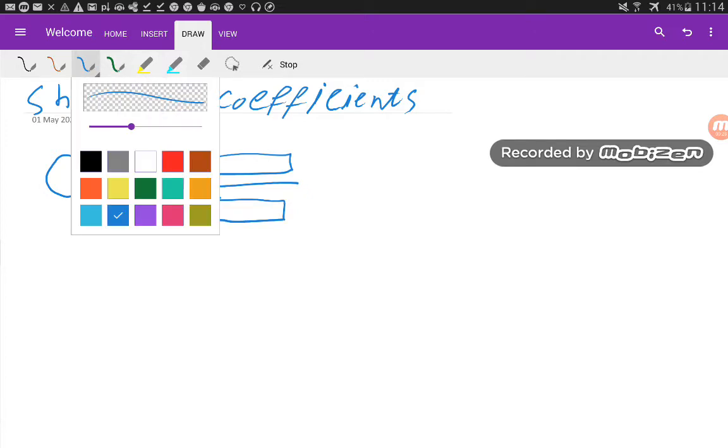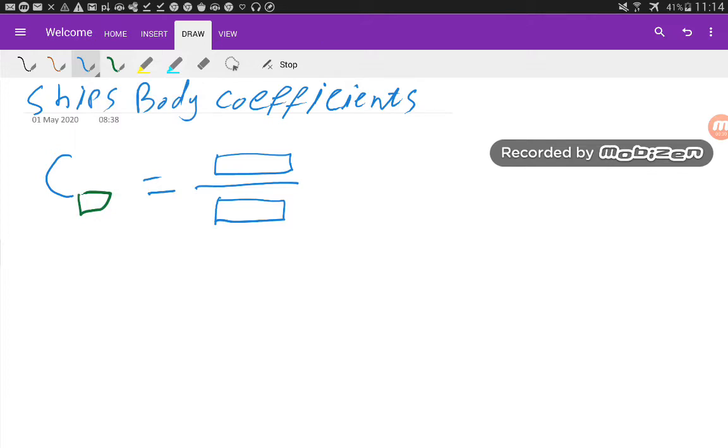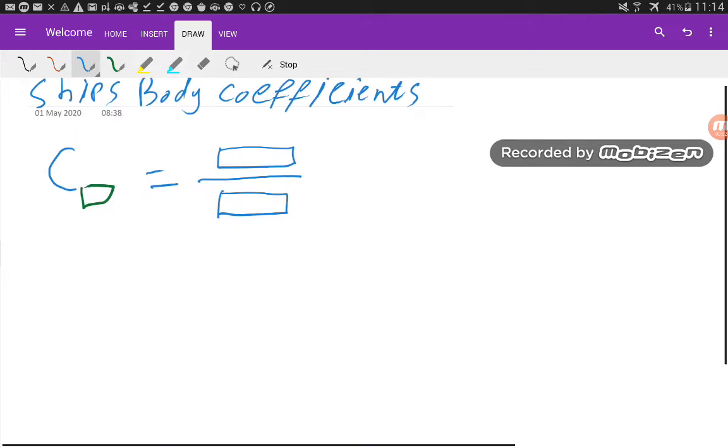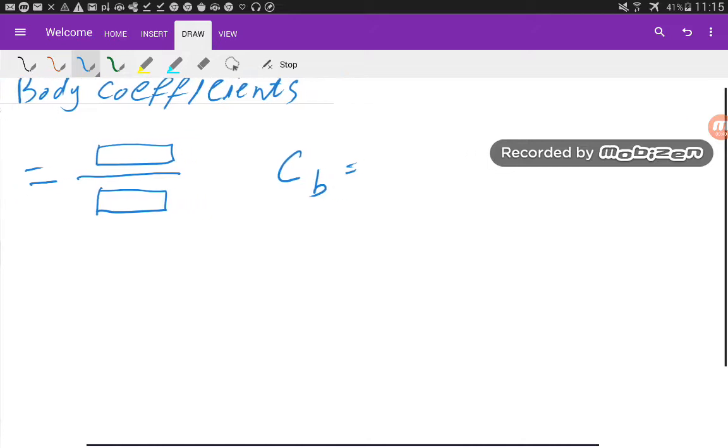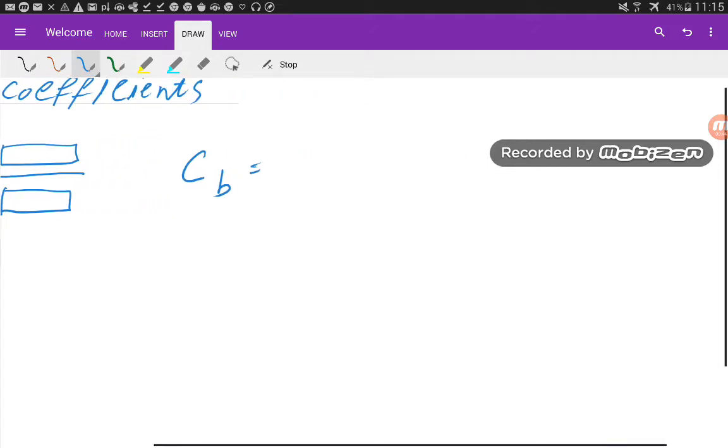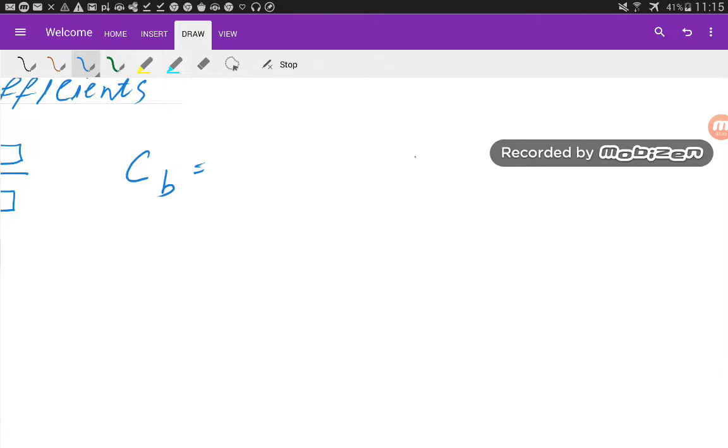The first one we're going to talk about is the block coefficient, or CB. What is the CB, or block coefficient? If I draw our vessel here, I'll try to draw it in 3D.